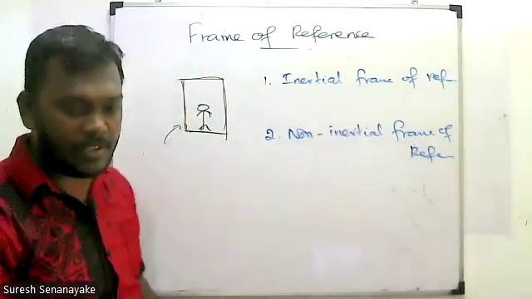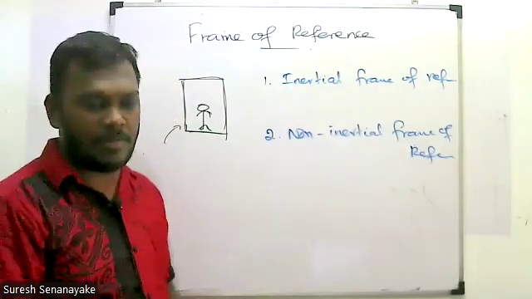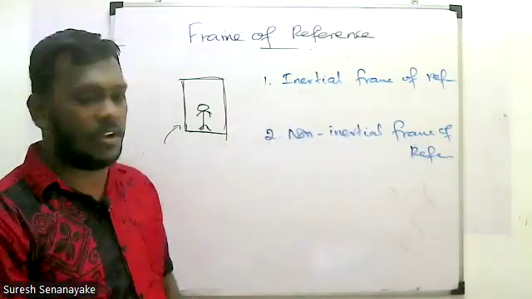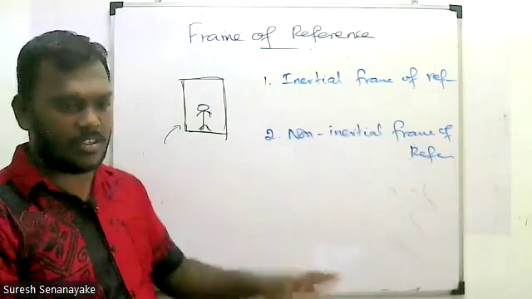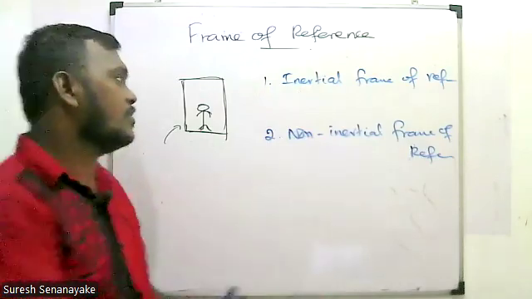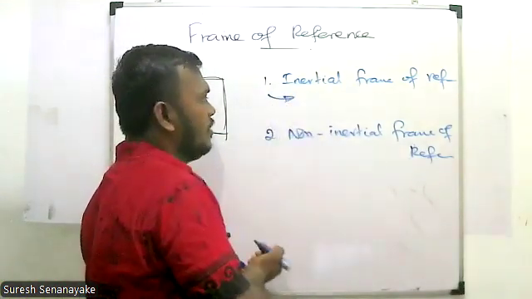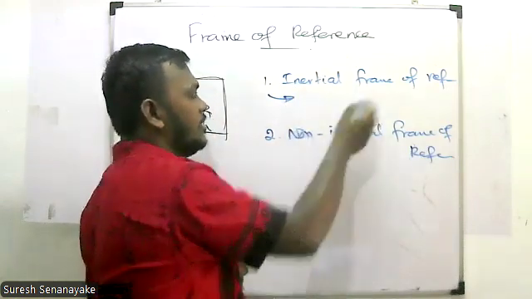That means frames not accelerating with respect to another inertial frame. So these are the frames which are moving with constant velocity or are at rest with respect to one another. So these are inertial frames.